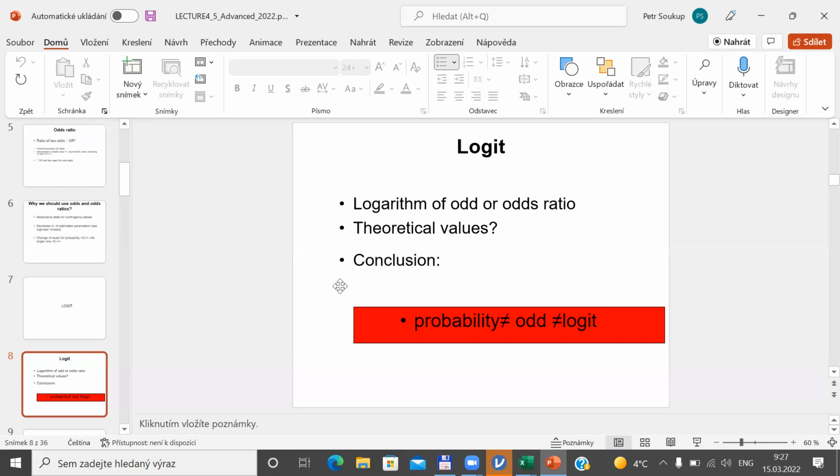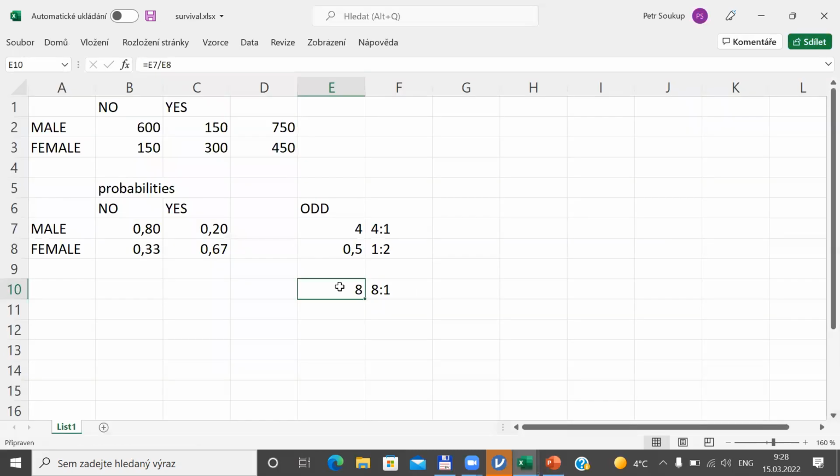Only be careful, and that's why it is in red color currently here in front of us, that probability is not the odds, and odds is not Logit. So these values are totally incomparable. But of course, if Logit would be positive, in our case, for example, in Titanic, it would mean that the odds ratio is above 1, and it would mean that the probability of the first category, currently to be dead, for male is bigger than for female.